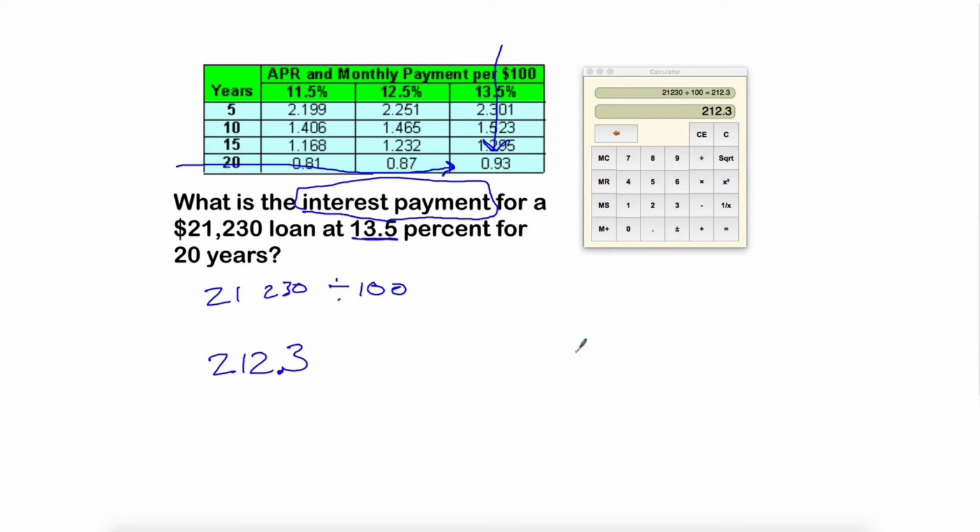We see a number, 0.93. So we just take this 212.3 times 0.93, enter, and that tells us our monthly payment. So our monthly payment is $197.44. We got to round up.